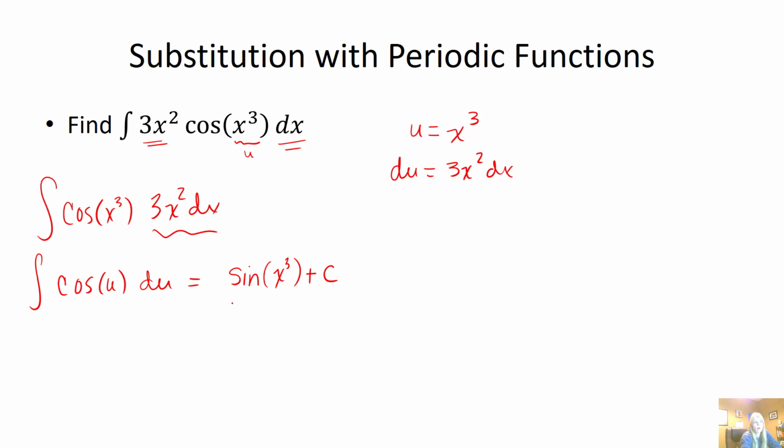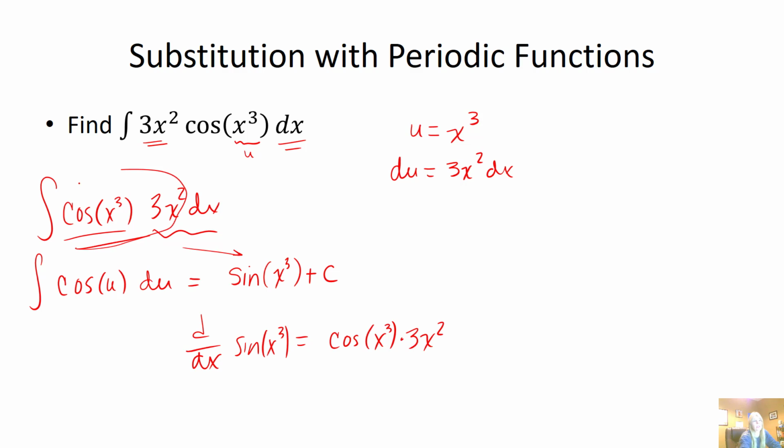Now, if you recall, this is the derivative of this. So why not check it? Take the derivative, and the derivative of sine x cubed would be cosine x cubed times the derivative of x cubed. And don't you get this back again? Yeah, hey, there you go.